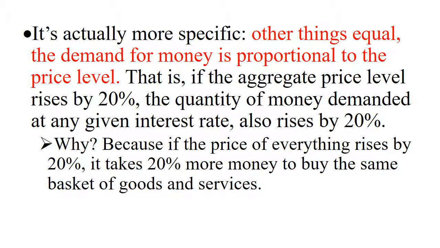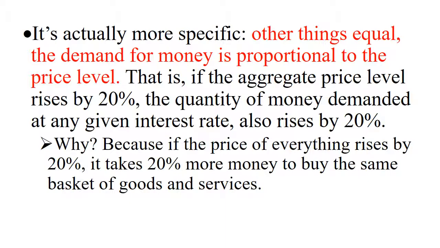This actually goes one step further. The demand for money is proportional to the change in price level. So if APL increases 20%, the quantity of money demanded, the change in money demand, is also a 20% change. Because if everything cost you 20% more, wouldn't you need 20% more cash on hand?